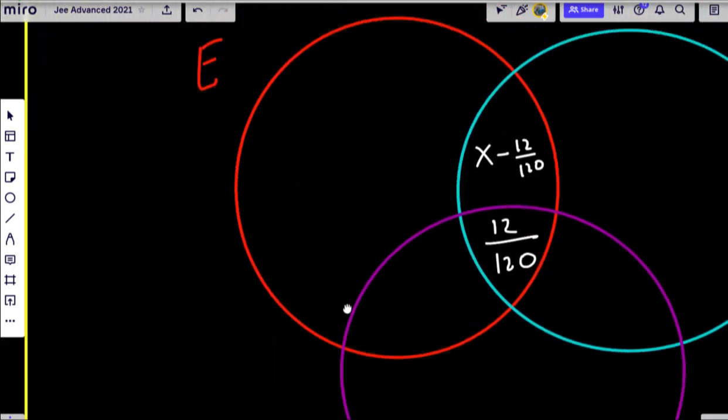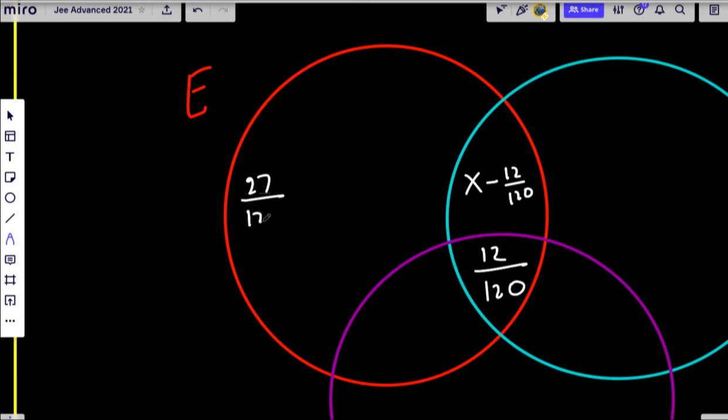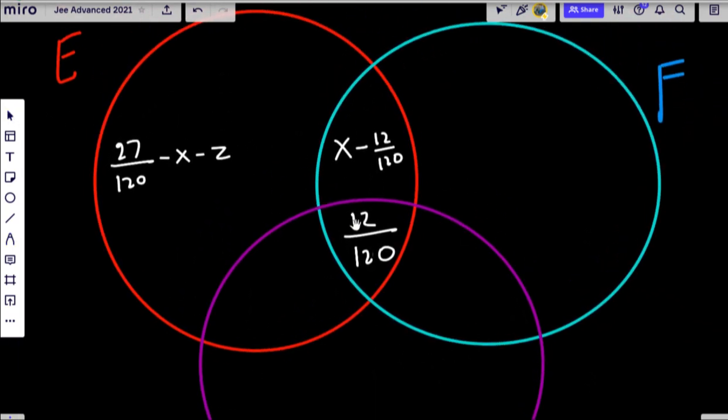The E part is 27 by 120 minus X minus Z, the part in which F and G are not participating. And here, 32 by 120 minus X minus Y, right?